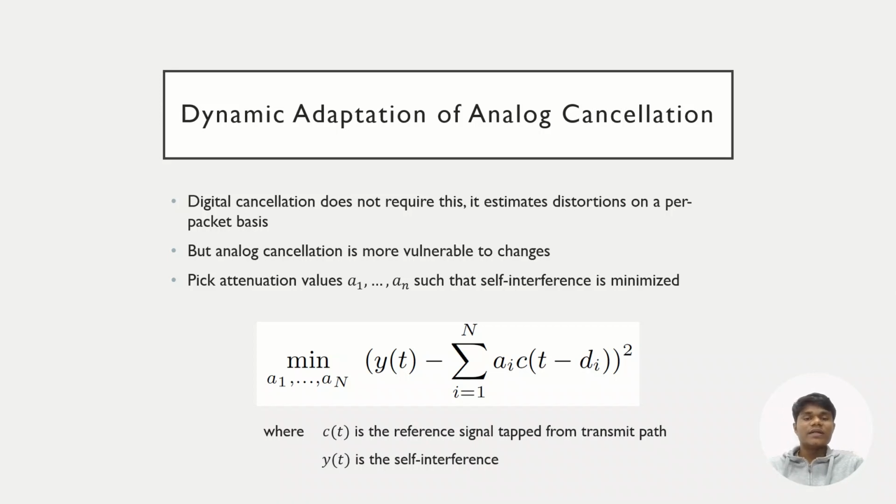Okay. Now, what we were doing for analog cancellation: getting a delayed version of the self interference by varied amounts, applying various attenuations to those delayed versions, and thereafter adding it up to get that self interference. Now, we have to pick the attenuation values such that the self interference is minimized.